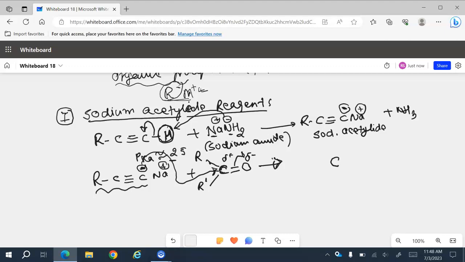So you can draw the carbon as it is, with the R group here and R prime here, and now the oxygen is single bonded with a negative charge, and this whole RC triple bond C group is attached to the carbon.